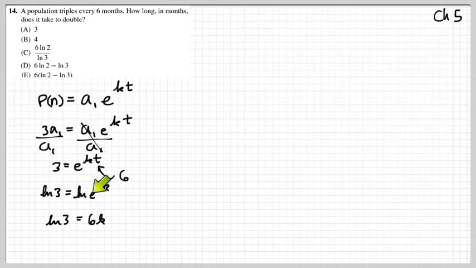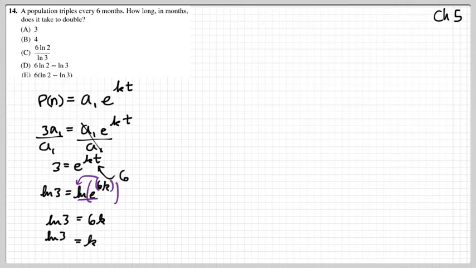Natural log of e is 1, and so they cancel each other out. One of the laws of logarithms is you can take powers inside of logs and drop them out in front. Then you have the natural log of e, which just goes away. It's like going 6k times 1.